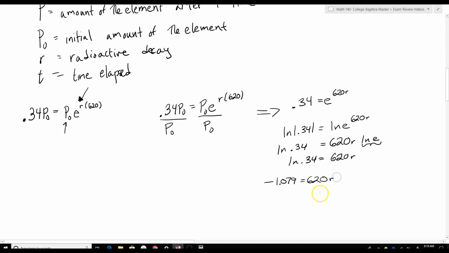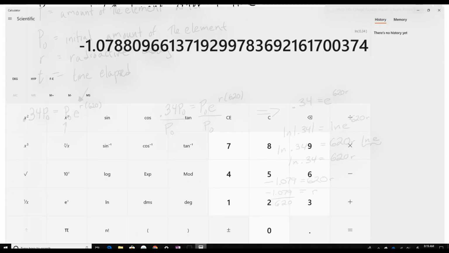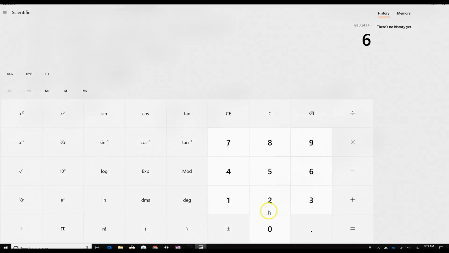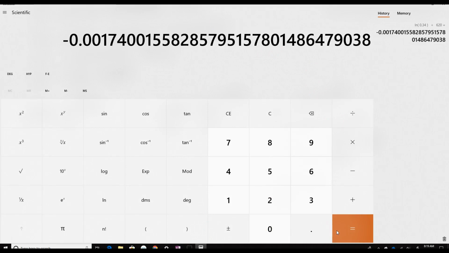And then, simple algebra, R will end up equaling negative 1.079 divided by 620. All right, we'll just do that real quickly. Divided by 620. And that is negative 0.002, or negative 0.0017. Let's do it that way.